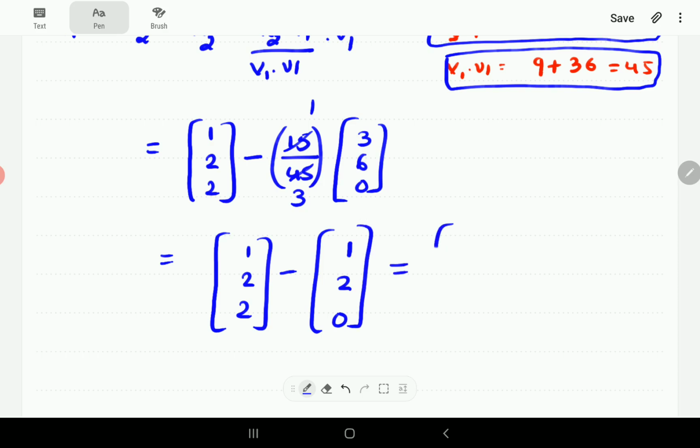So 1 minus 1 is 0, 2 minus 2 is 0, 2 minus 0 is 2. So this is 0, 0, 2. This is our v2.